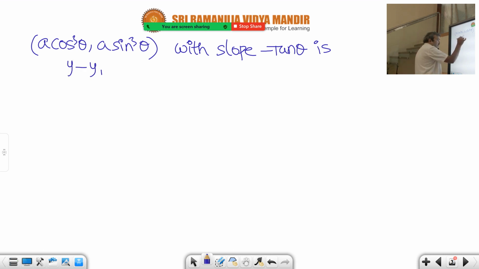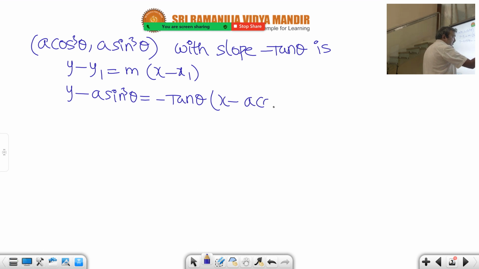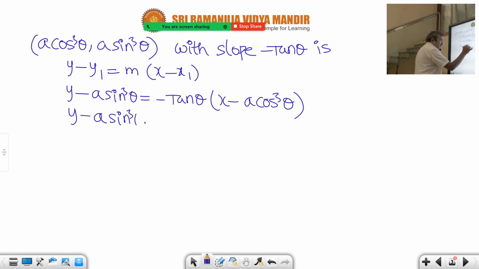Apply the result. From this it is y minus a sin cube theta is equal to m, which is minus tan theta, into x minus a cos cube theta. Correct? From this, tan means sin by cos. Y minus a sin cube theta is equal to minus sin theta by cos theta.